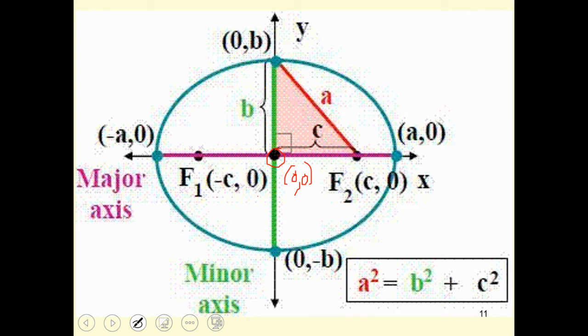Siyempre, ang imong y coordinate kay wala may value, mao ng 0. But, your focus 1 is at the negative side of your x-axis. Your second focus is at the positive side of the x-axis, mao ng positive c. Wala siya value sa y-coordinate because naa siya malocate nimo sa imong x-axis.